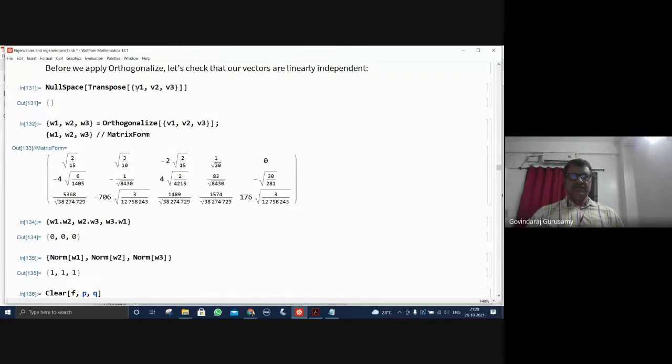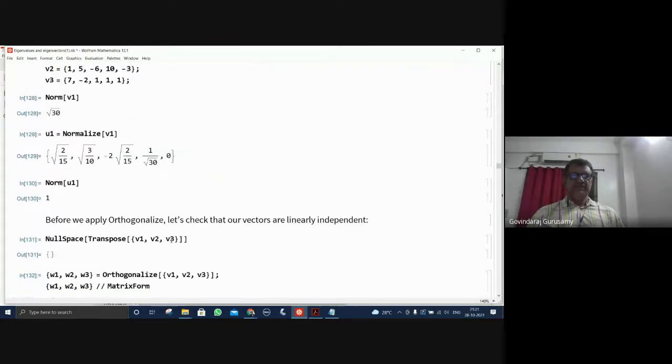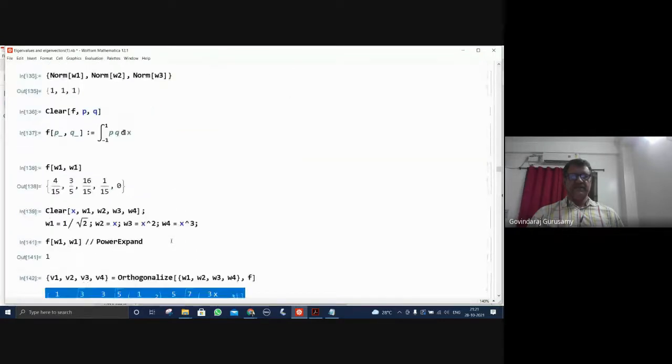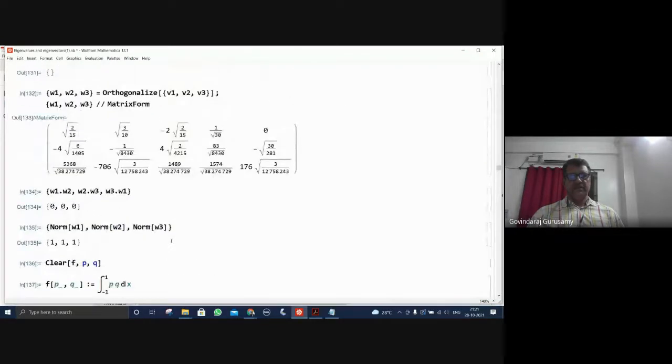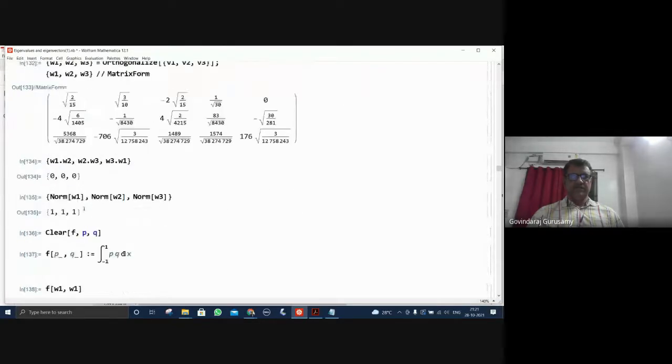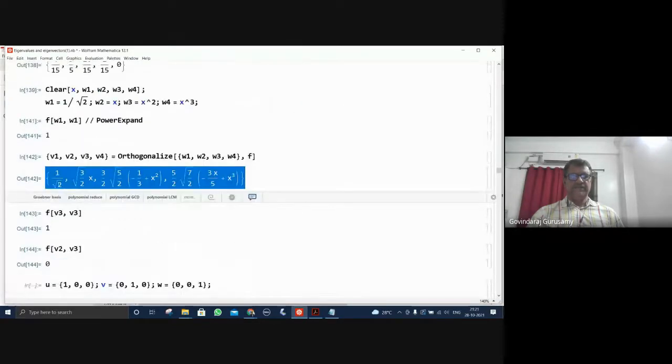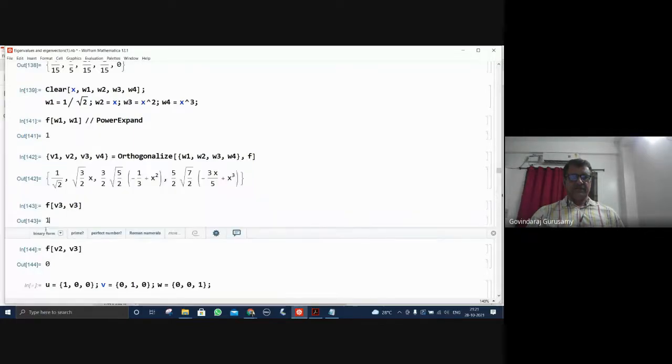But here we have taken a vector v1 which is 5-dimensional, v2 is another 5-dimensional vector, and v3 is another 5-dimensional vector. In n-dimensional space, it's possible to construct orthogonal vectors. What does it mean? It means I can have v1, v2, v3 combinations in normalized form.